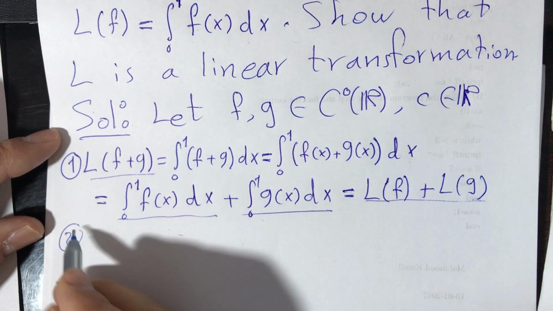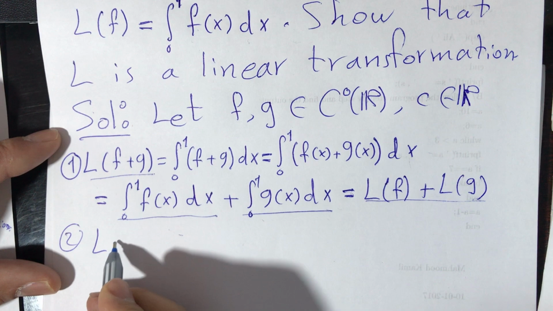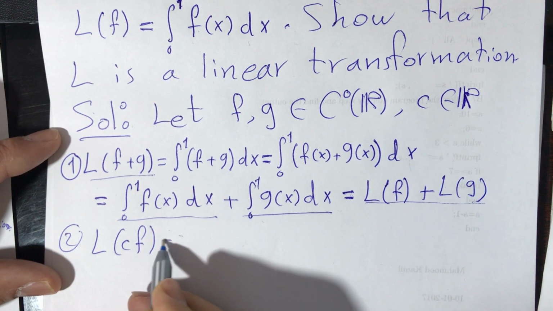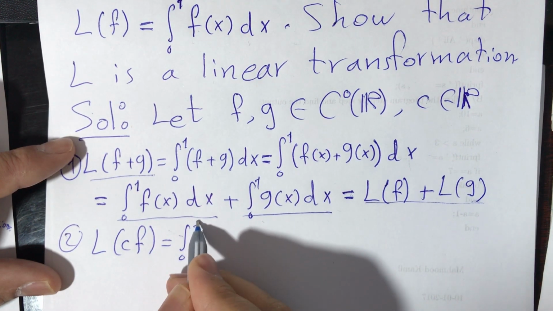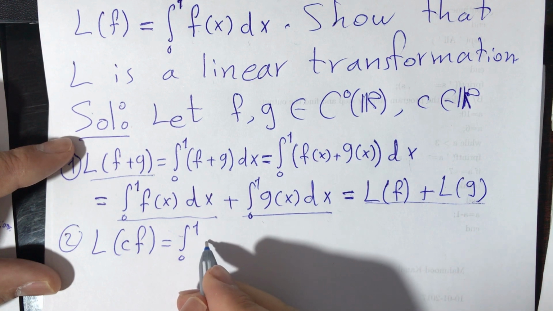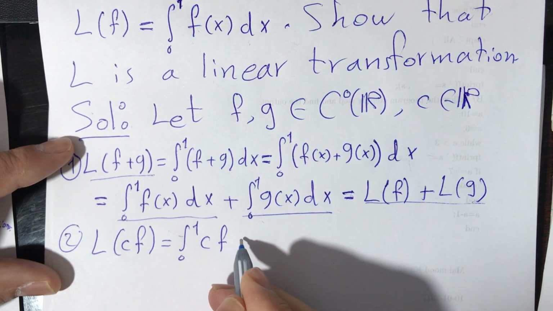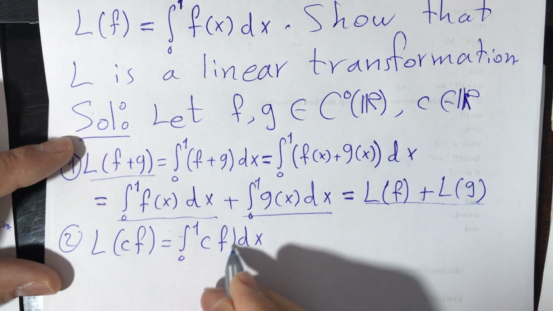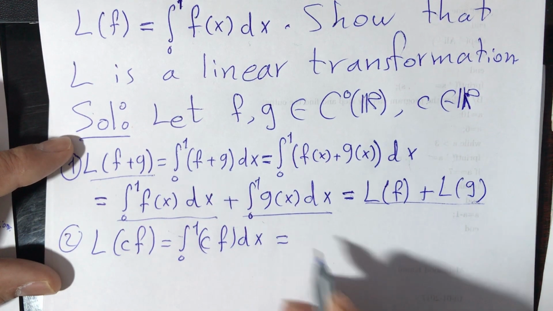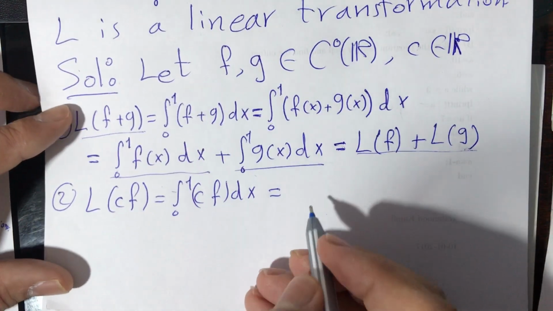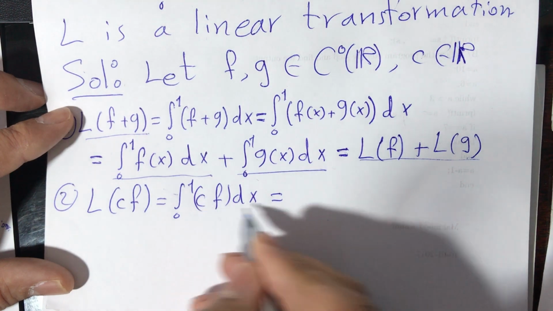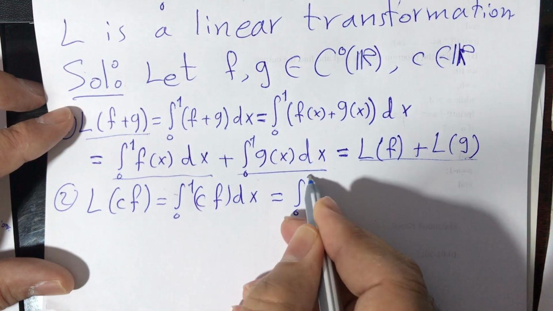And second condition, L of cf is equal to the integral from 0 to 1 of cf dx, and this is equal to, this is a constant, right?